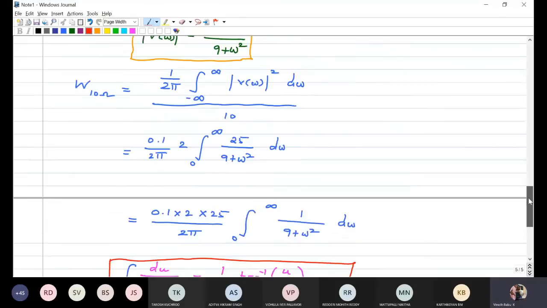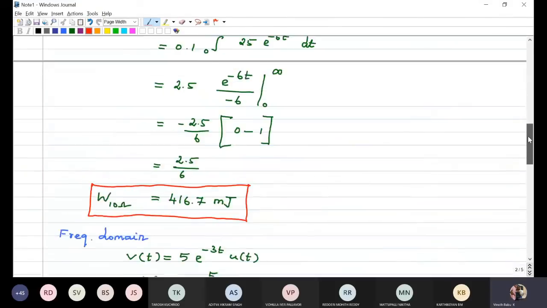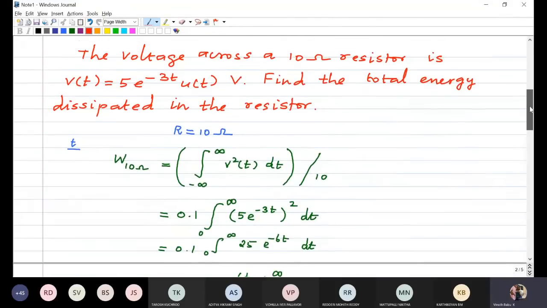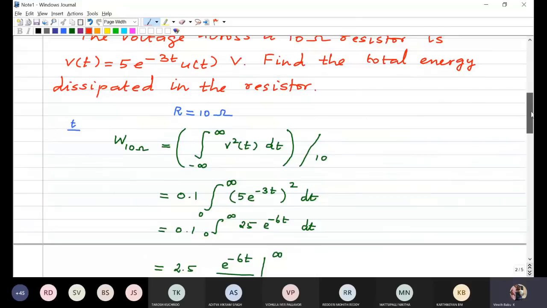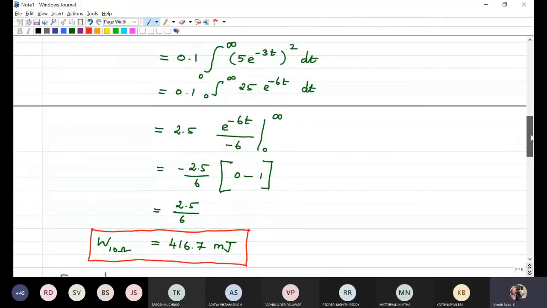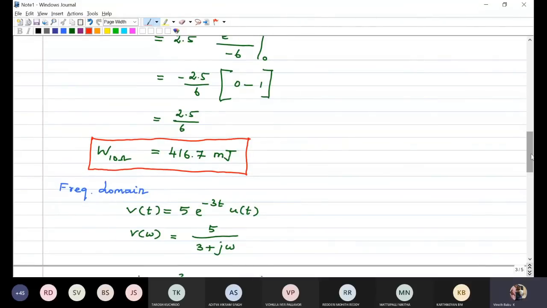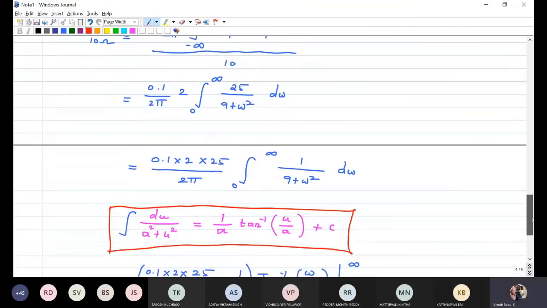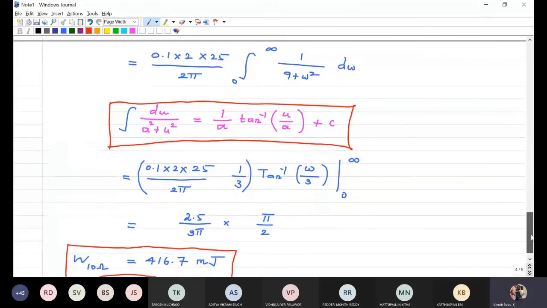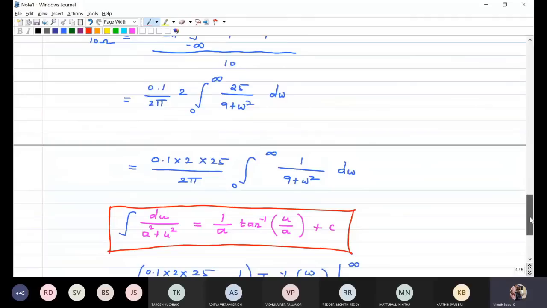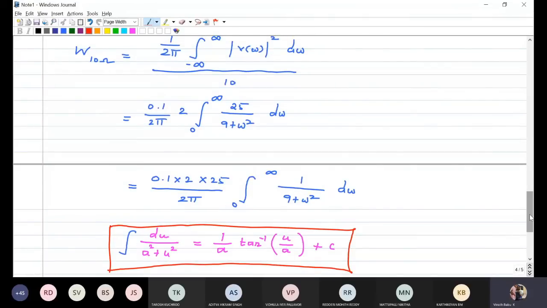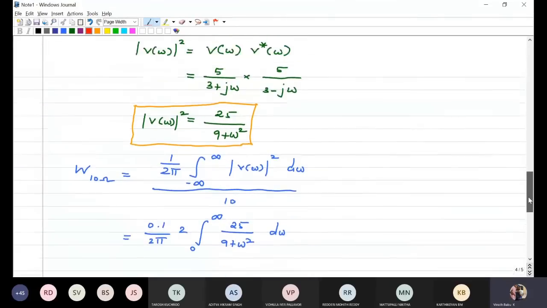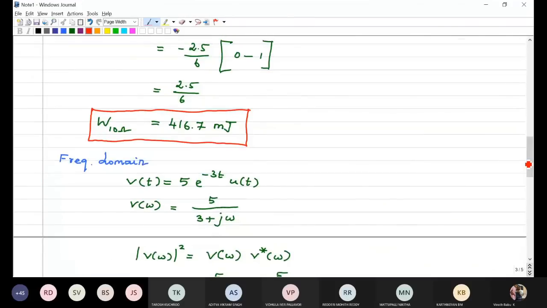We took a simple problem where v of t is given and the resistance value is given as 10 ohms. We found the energy value in the time domain. We also found the energy value in the frequency domain. Both the values are 416.7 millijoules. So energy value is not altered in time domain and frequency domain for a particular signal.